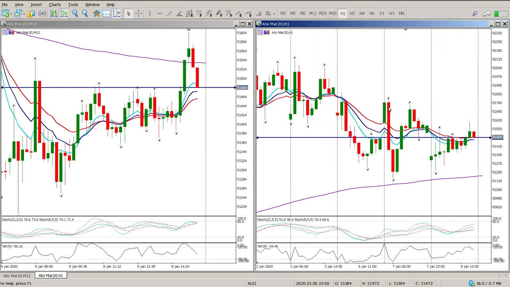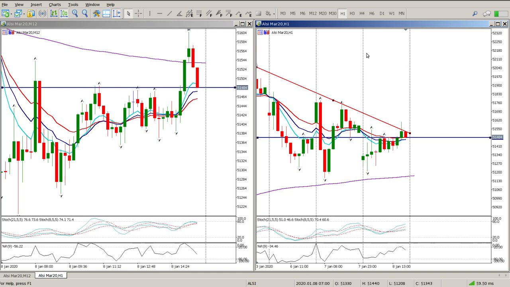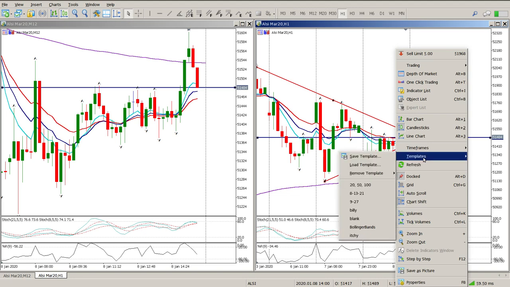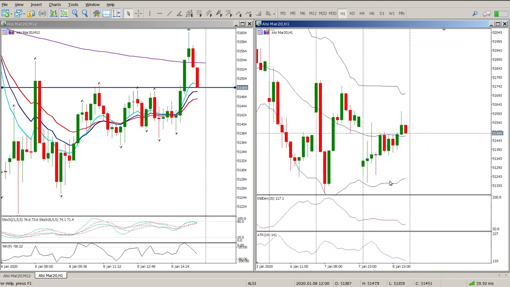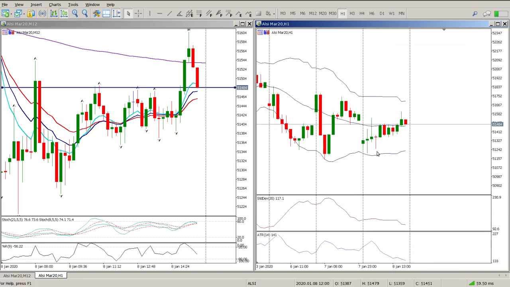The next thing on the hour is this trend line here, which is pretty much the top of our triangle right now, and this is the bottom of our triangle. And the key thing here, if we go to a Bollinger, you'll see we're slap bang in the middle of the Bollinger.